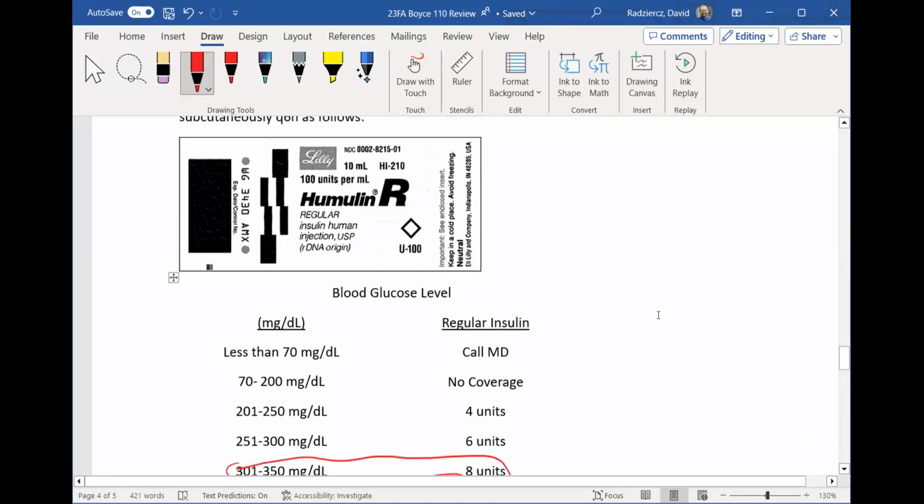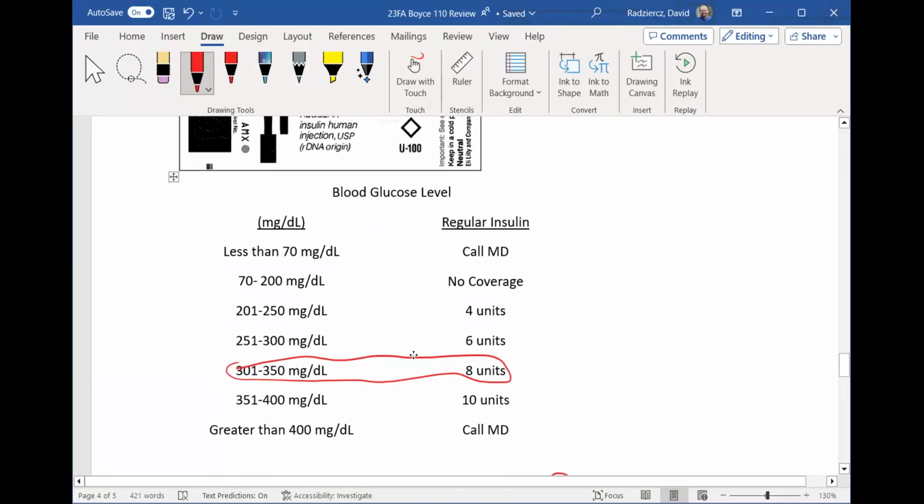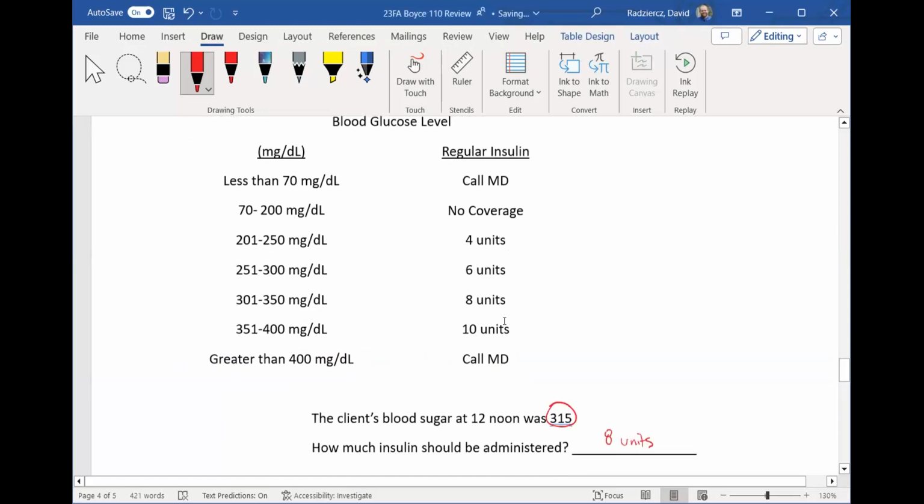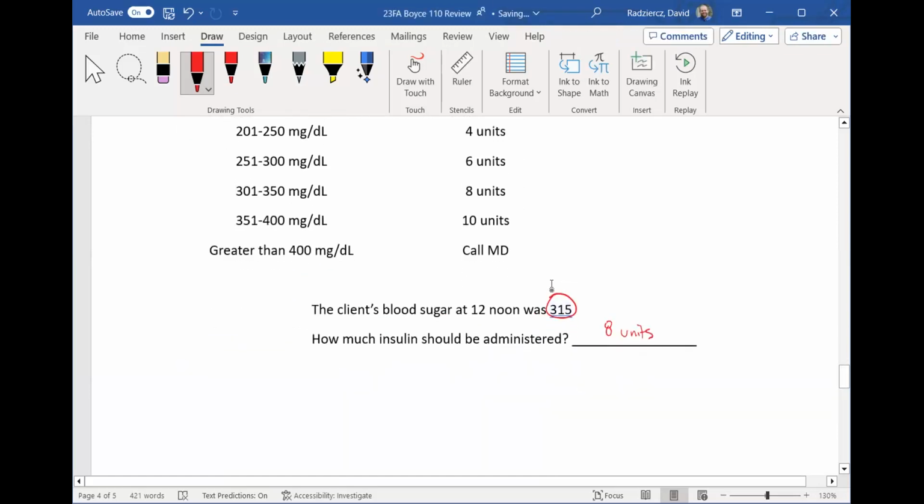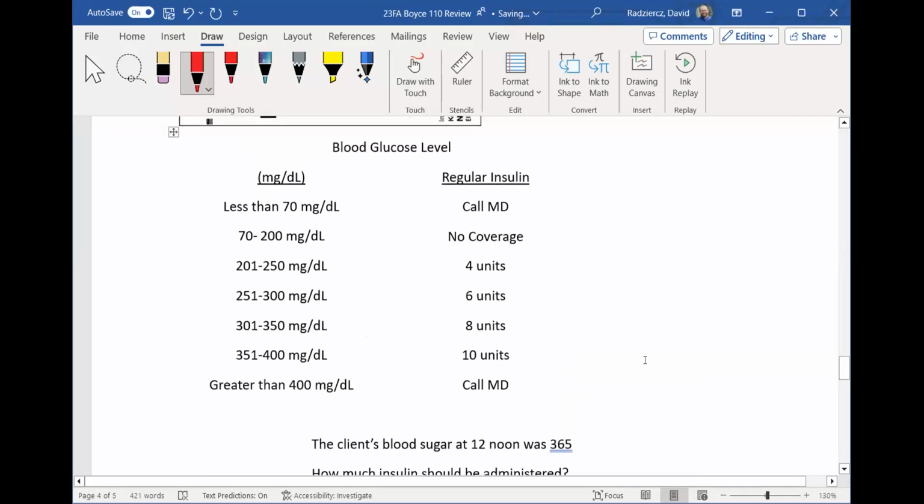For the sliding scale, this is just a matter of, can you read the order, and then can you write that answer down? So let's just say I'm going to change this number. Let's just say 365 this time. So we look at the patient's blood sugar. At noon, it's 365.